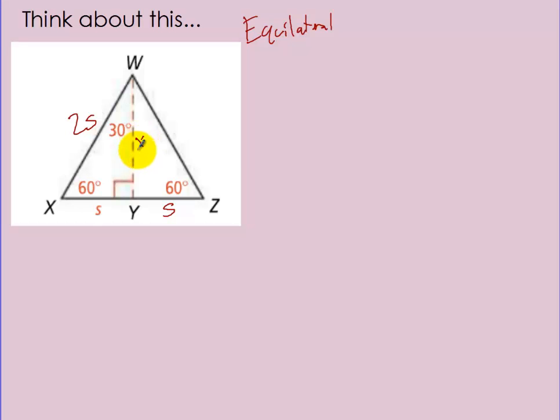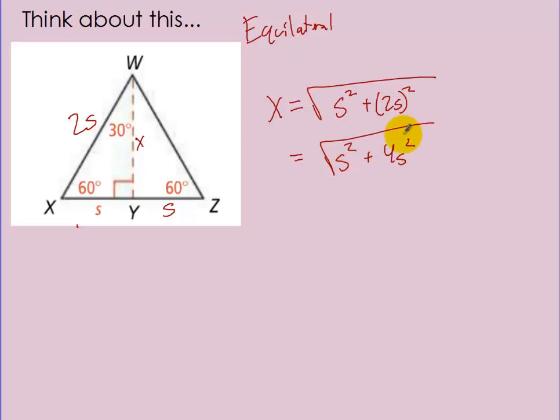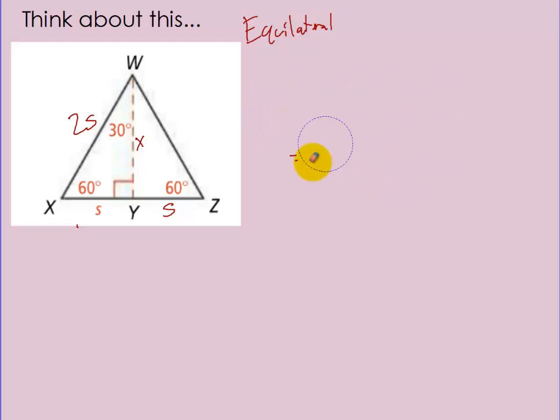Well, what's the length of this side going to be? Let's call this x. Actually, I'm wrong with that math. My bad. So if you're looking at a leg here, that's going to be s squared plus x squared equals 2s squared.